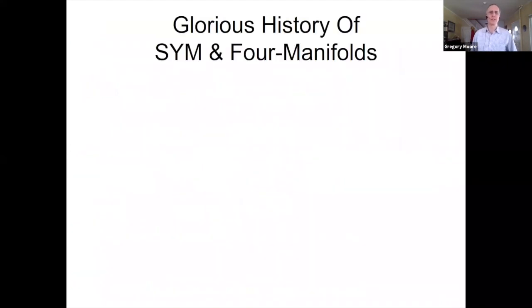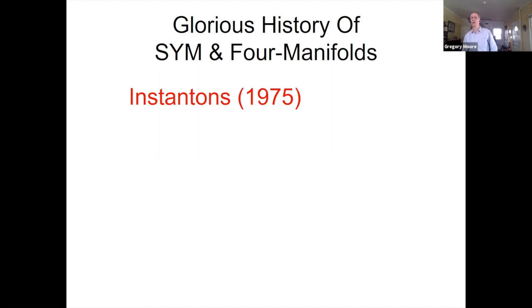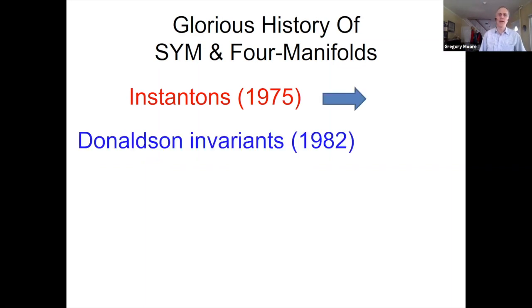So let's begin by recalling the glorious history of the relationship between super Yang-Mills theory and four-manifold invariants. So the story begins with the discovery of instanton solutions of the self-dual Yang-Mills equations, 1975. And then in the hands of the Oxford School of Mathematics, that led to the discovery of Donaldson invariants in the early 1980s.